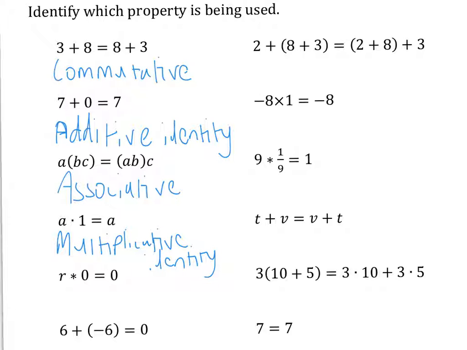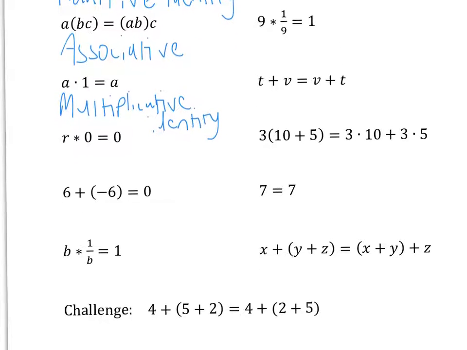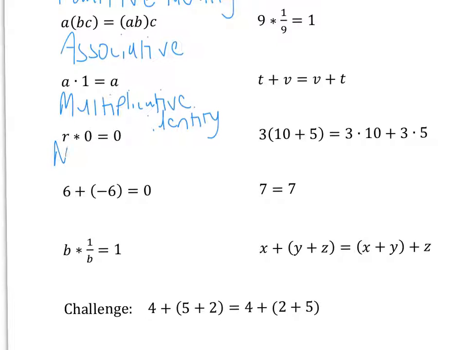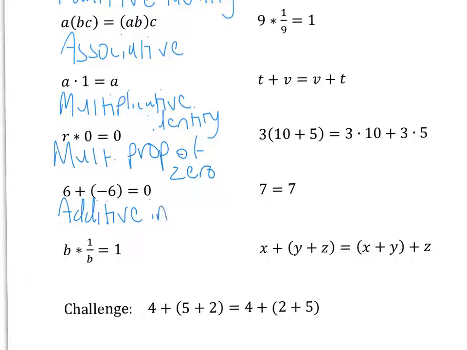R times 0 equals 0 would be the multiplicative property of 0. 6 plus negative 6 equals 0 would be the additive inverse. And b times 1 over b equals 1. Again, I'm getting 1 for an answer, so I'm multiplying by its inverse, so that's the multiplicative inverse.